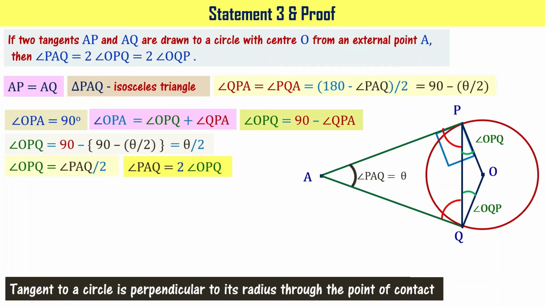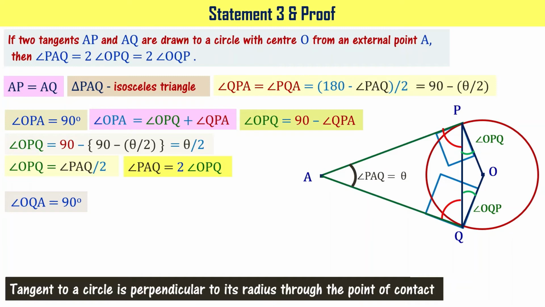This is part of the statement given, right? The first equality is angle PAQ equals 2 times angle OPQ. The remaining part we have to show is angle PAQ equals 2 times angle OQP, right? Let's do that now. As you see here, when you apply the theorem, a tangent to a circle is perpendicular to its radius through the point of contact, you can say that angle OQA equals 90 degrees, right?